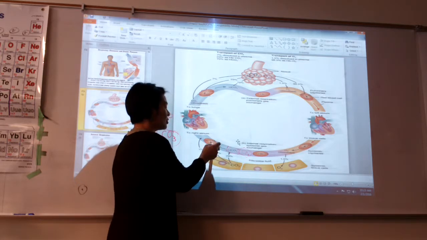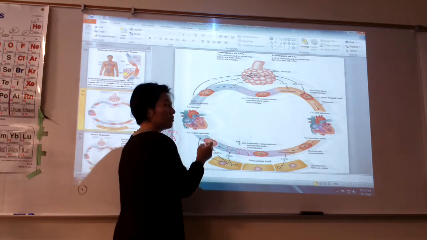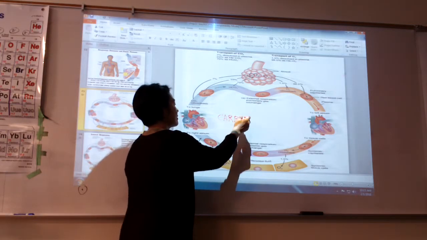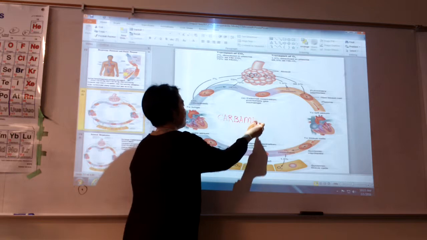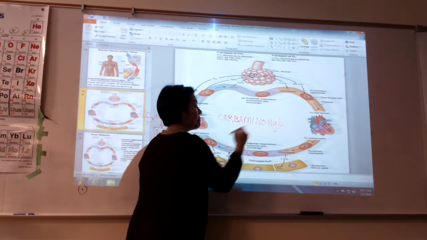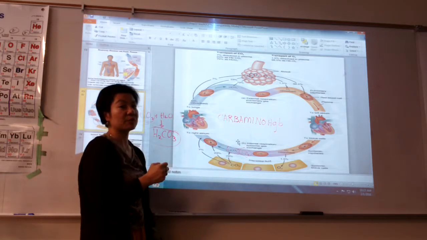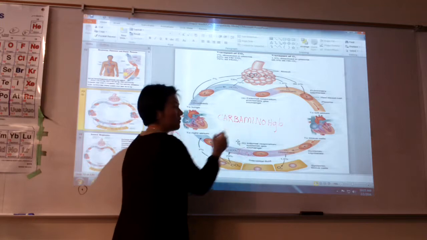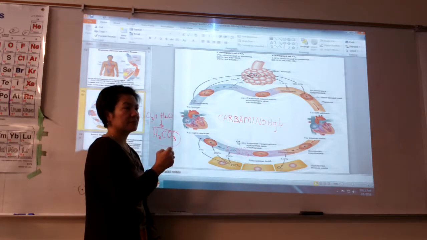Carbon dioxide can also be found bound to your hemoglobin, remember, as carbaminohemoglobin. Remember, this is different from carboxyhemoglobin. Carbaminohemoglobin is just normal carbon dioxide that's bound to the amino group of your hemoglobin.